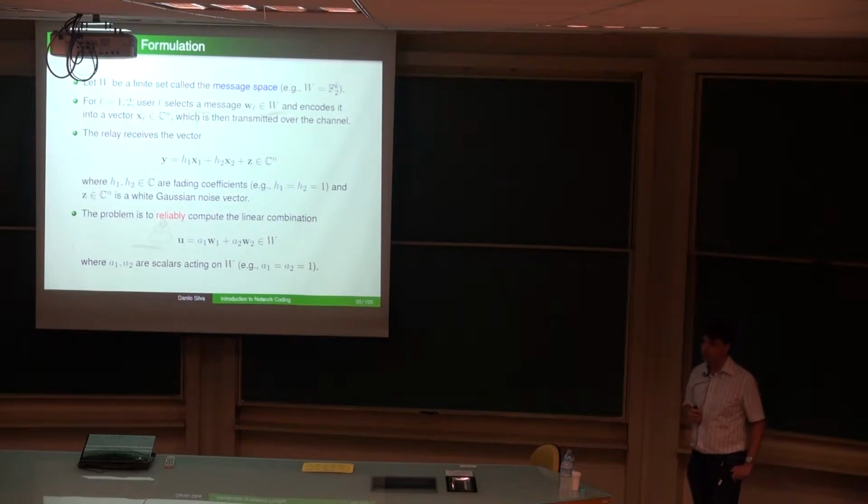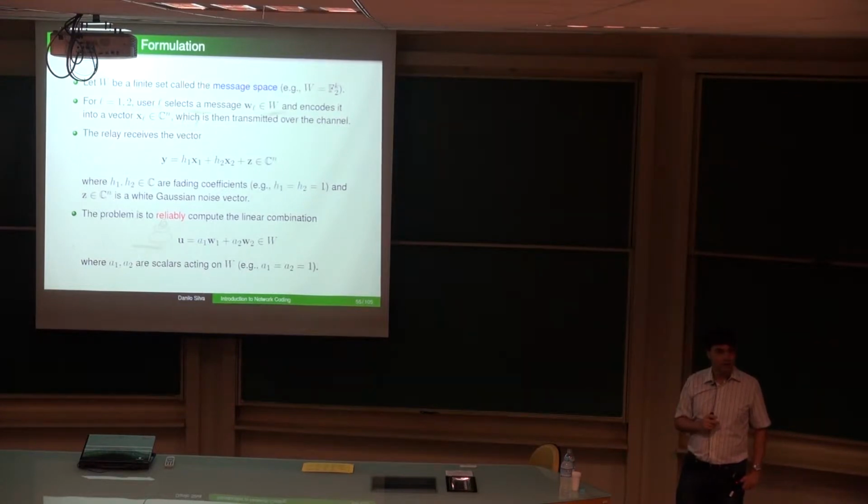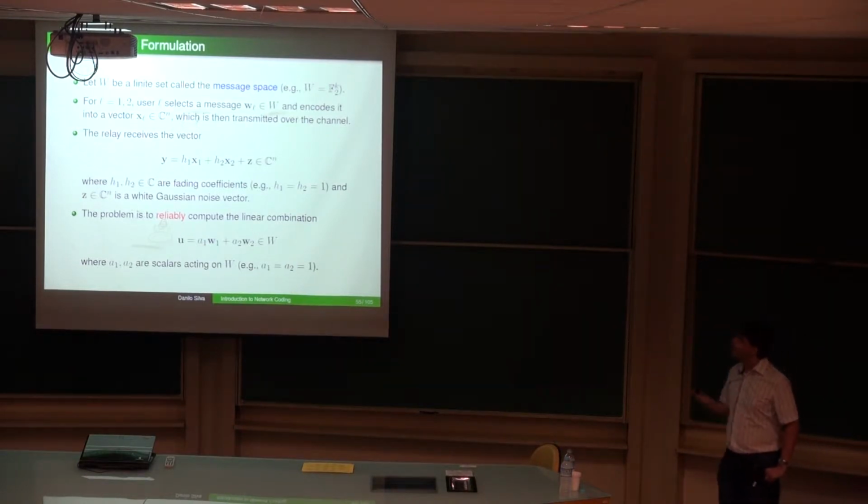That's because of thermal noise at the receiver. Fading coefficients, I think this is natural to understand. But why complex? Why are we using complex vectors? Yes, and why vectors?